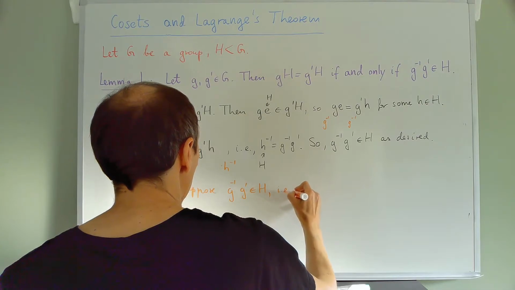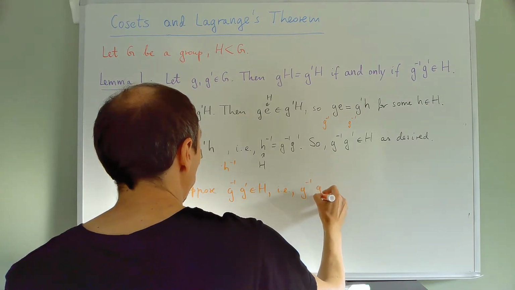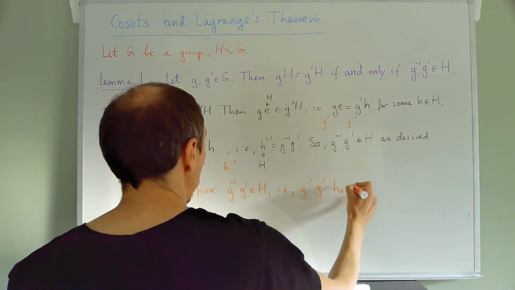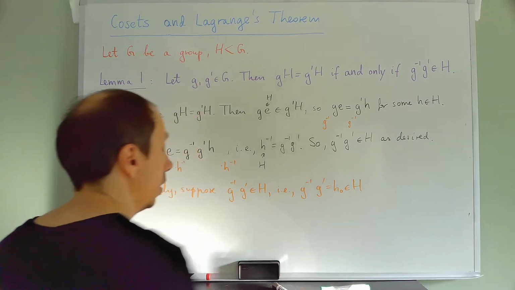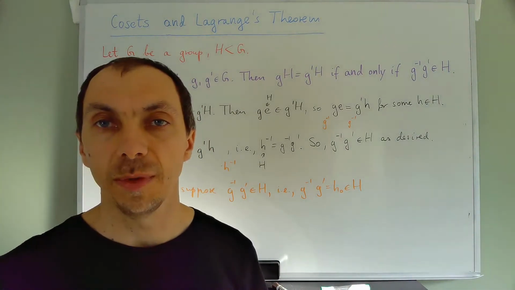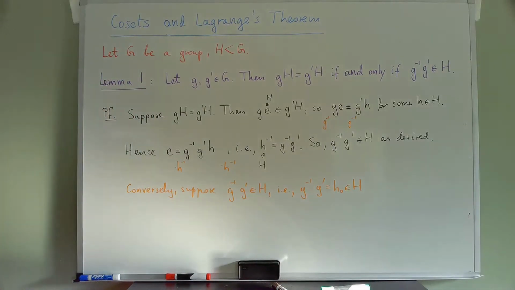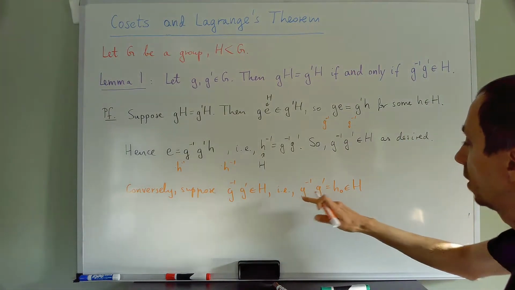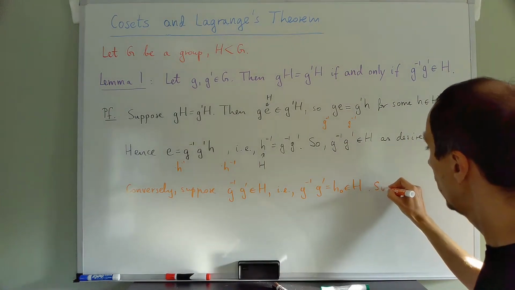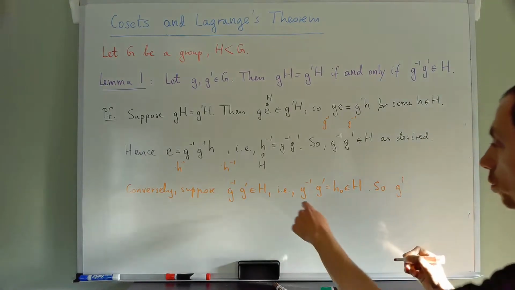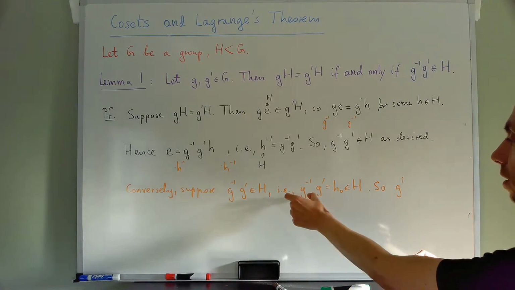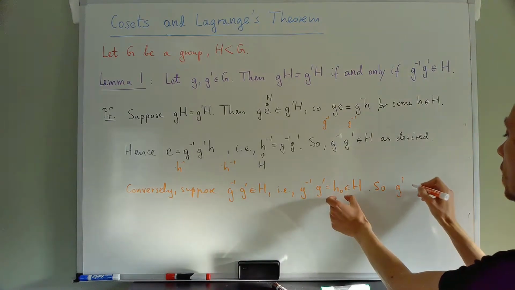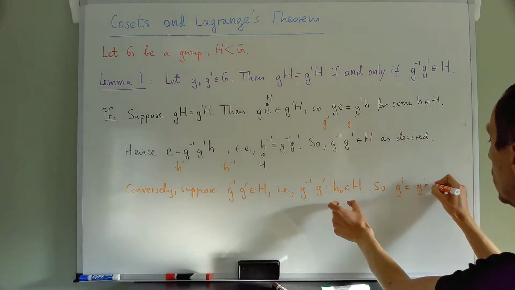I.e. g inverse g prime is equal to some element h0 of H. So if I multiply now both sides on the left by g, g g inverse cancel, so I just get g prime is equal to g h0.